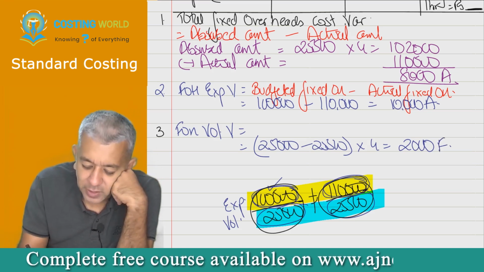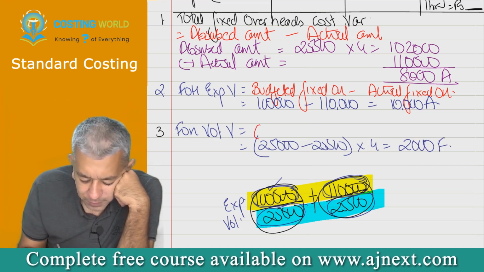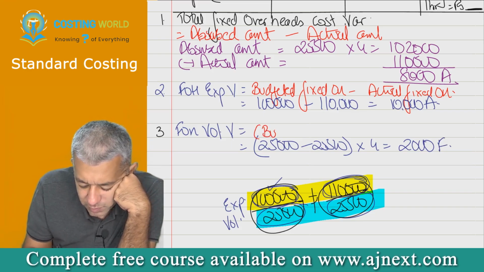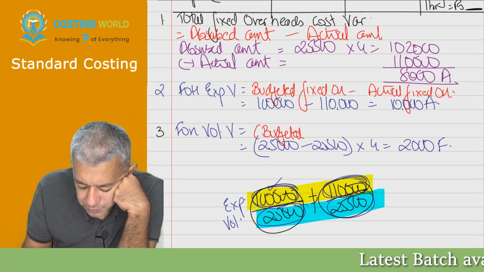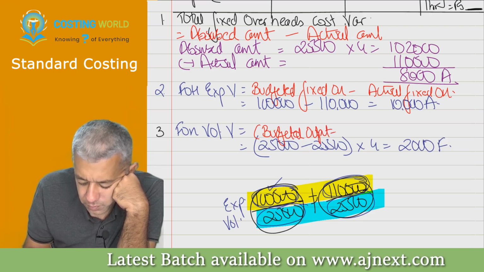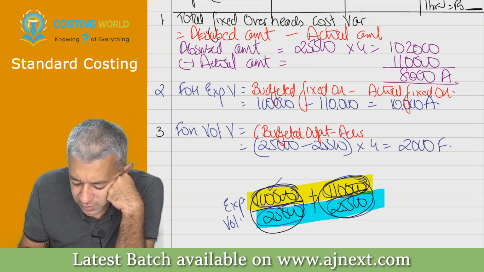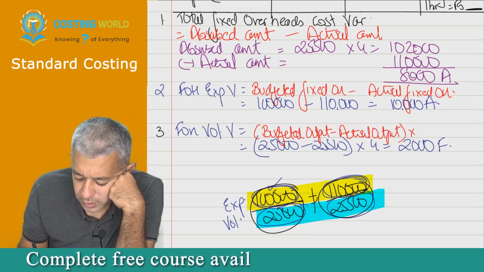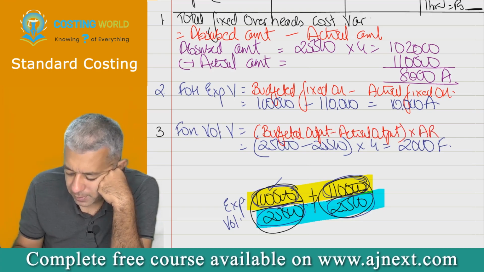Let's record this particular thing as some kind of a formula. Can we say 25,000 will be written down as budgeted output minus 25,500 will be actual output into absorption rate.